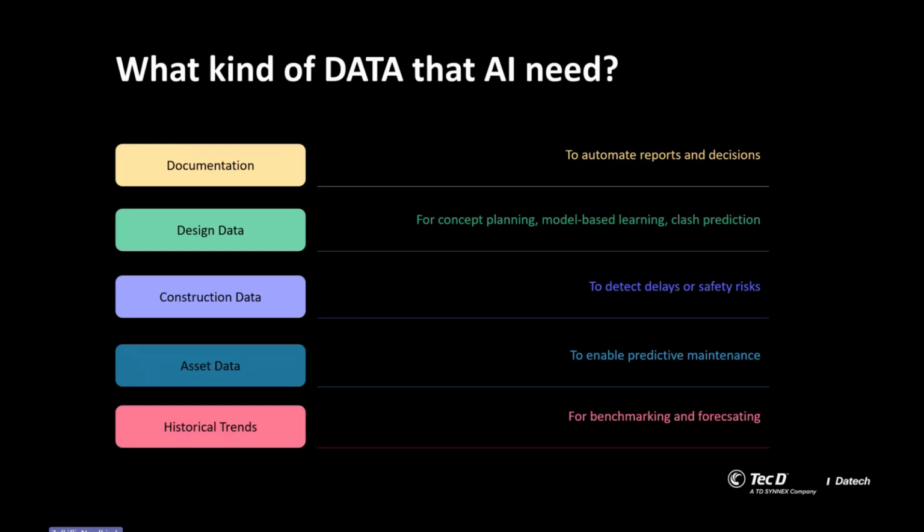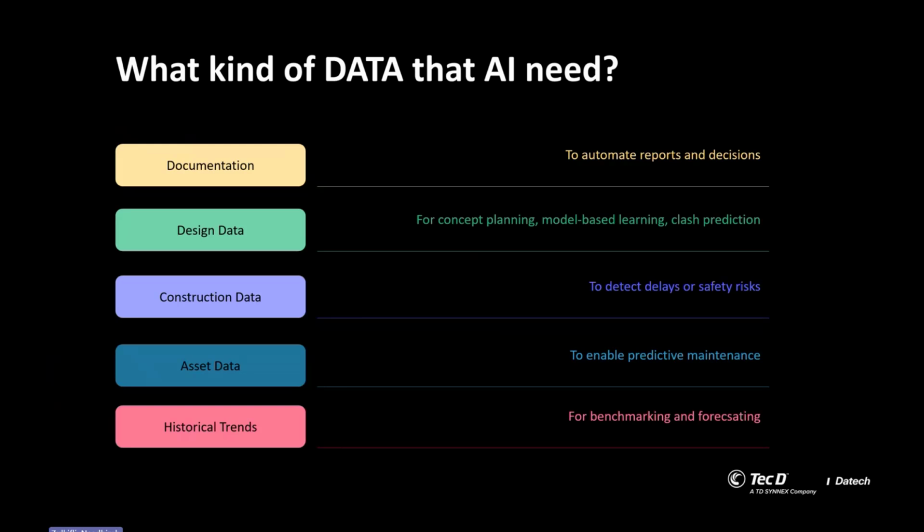So basically, these are the key data that you will use on your daily basis. Documentation to automate reports and decisions, your design data for conceptual planning, for model-based learning, and for clash prediction as well. The construction data to detect any delays or safety risks, and your asset data.